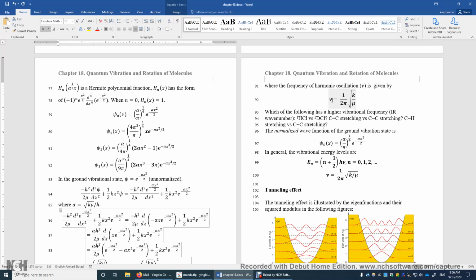When you have a higher frequency of this harmonic oscillator, you will see a higher wave number in the infrared spectrum. But on the other hand, if you're looking at Br2, they have a really large mu, and then you will see a very small frequency and small wave number in the infrared spectrum.